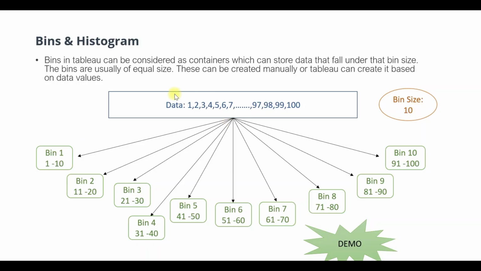So the entire data set of 100 would be divided into 10 bins, and the division would be something like bin 1 ranging from 1 to 10, then bin 2 from 11 to 20, bin 3 21 to 30, bin 4 31 to 40, bin 5 41 to 50, bin 6 51 to 60, bin 7 61 to 70, bin 8 71 to 80, bin 9 81 to 90, and bin 10 91 to 100.